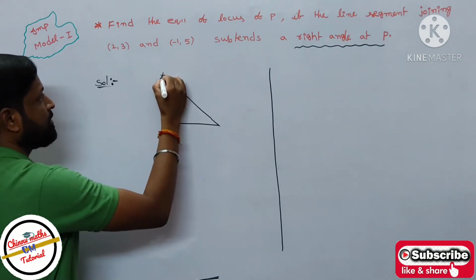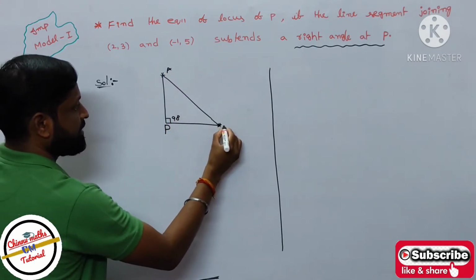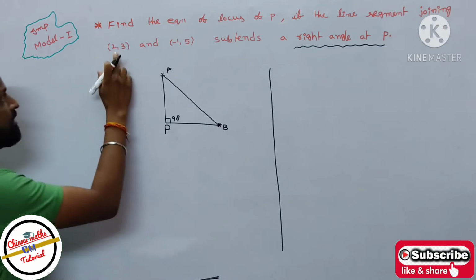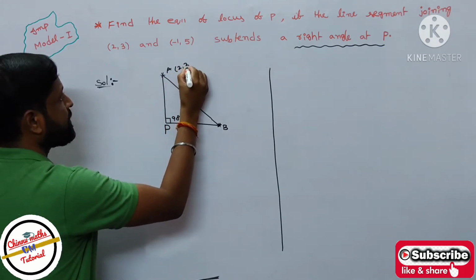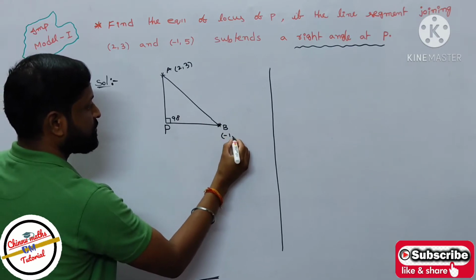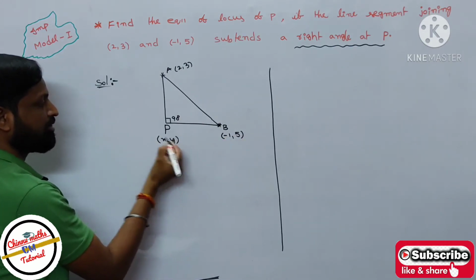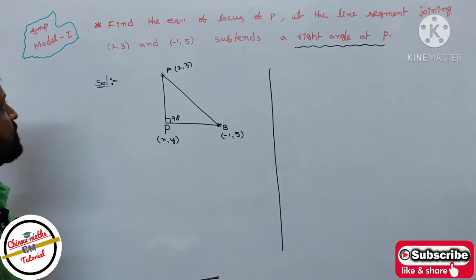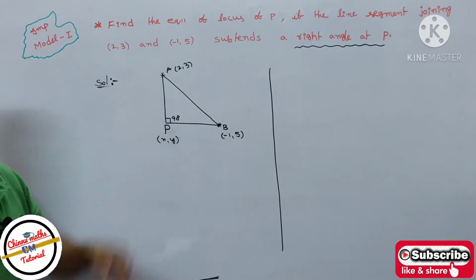One vertex is taken as A, the other one is B. According to the problem, A equal to (2, 3) and B equal to (-1, 5). So always the point P is taken as (x, y). It is clear. So that means indirectly it is a right angle triangle.